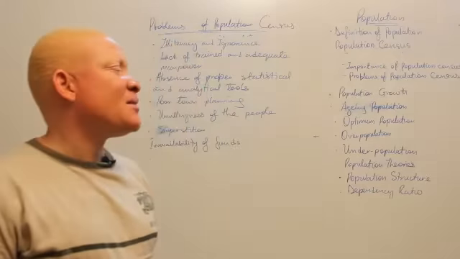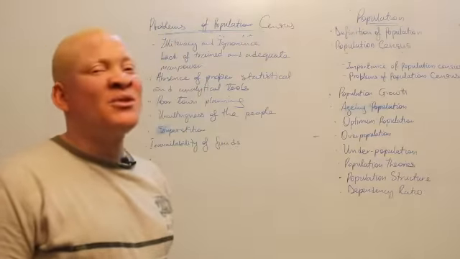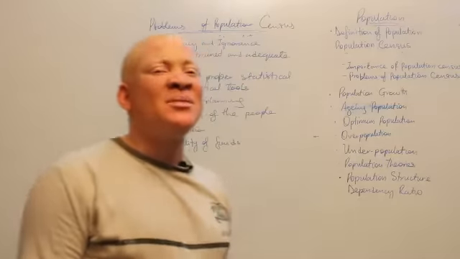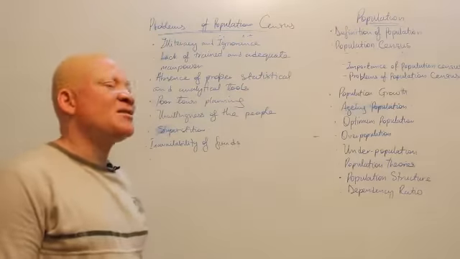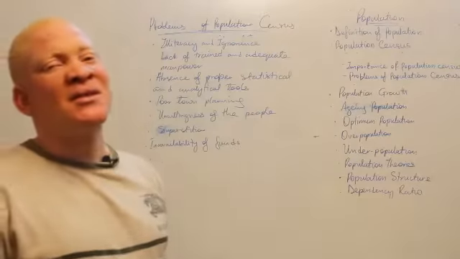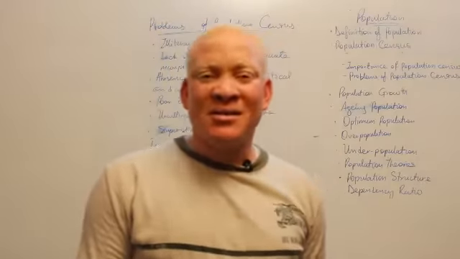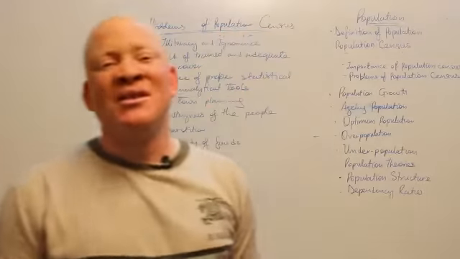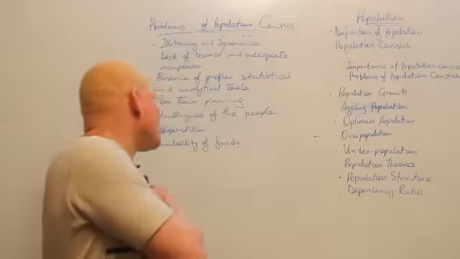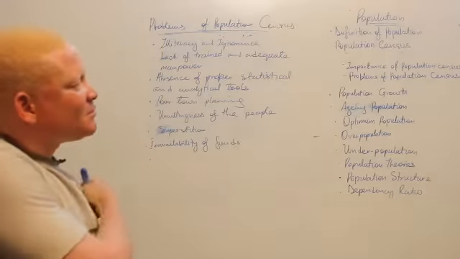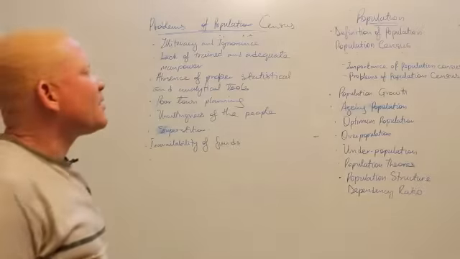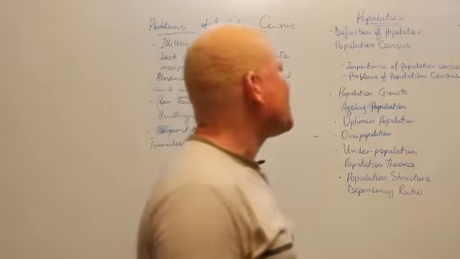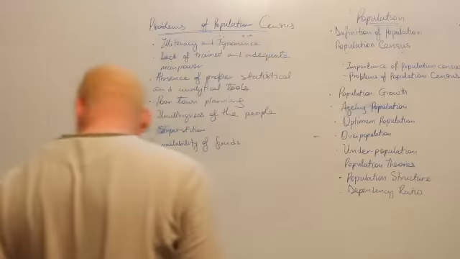Many a time, most African countries or developing countries do not embark on population census simply because of the cost. So they have to generate the funds to be used for bearing the cost before it can be conducted. These are the problems which can be faced when conducting a population census.